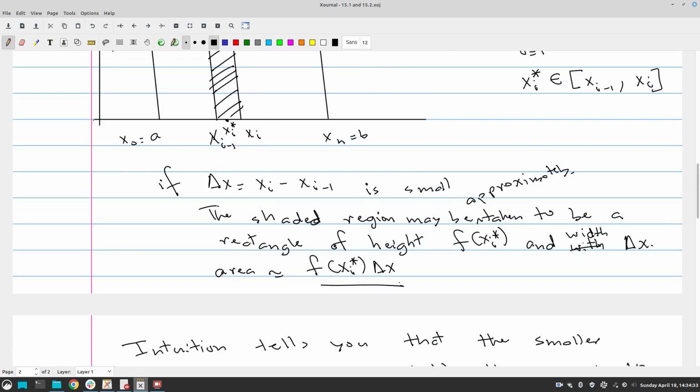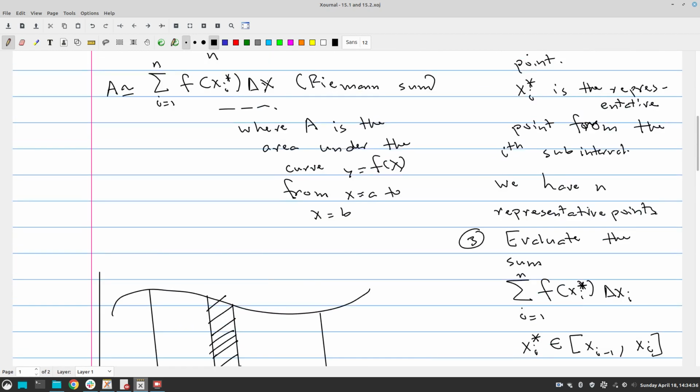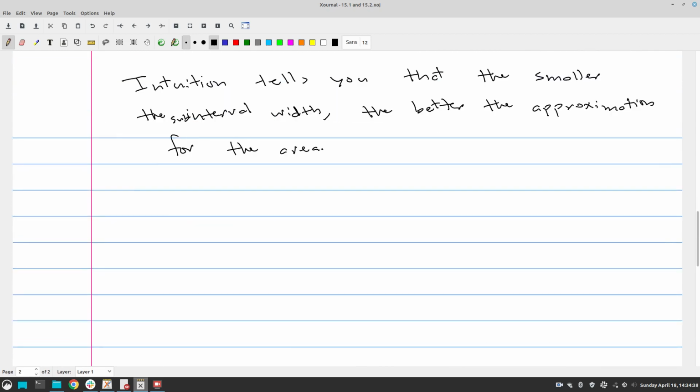The way you make the subinterval width smaller is by increasing n, the number of subintervals.